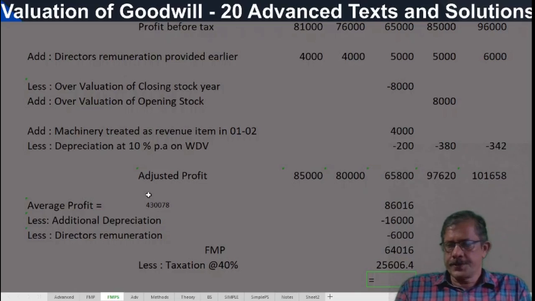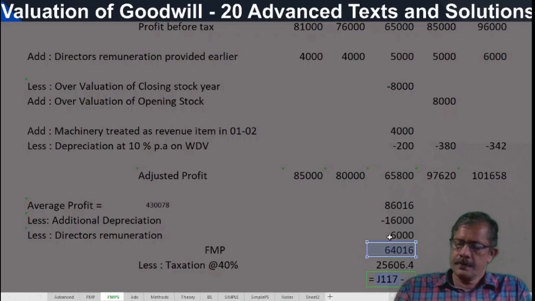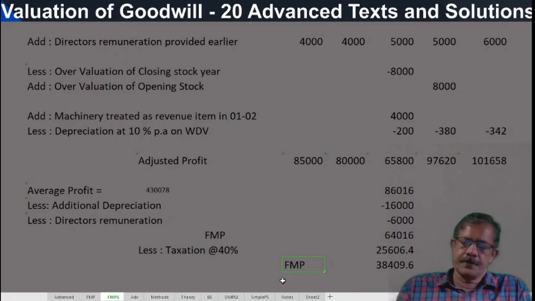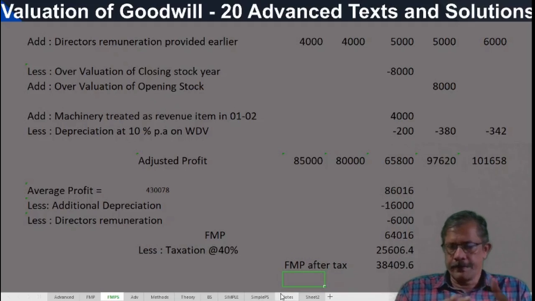Future maintainable profit is equal to this minus this. Future maintainable profit after tax. So we will start with the profit before tax and end with the profit after tax.